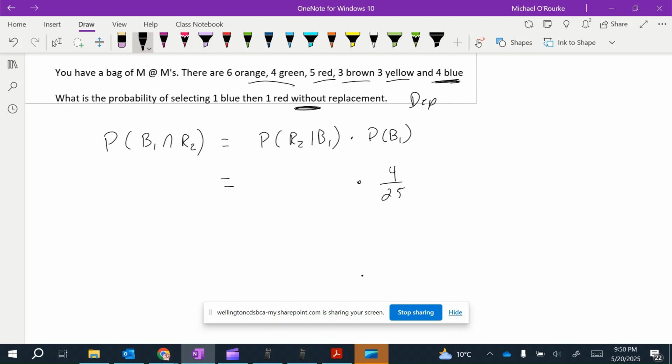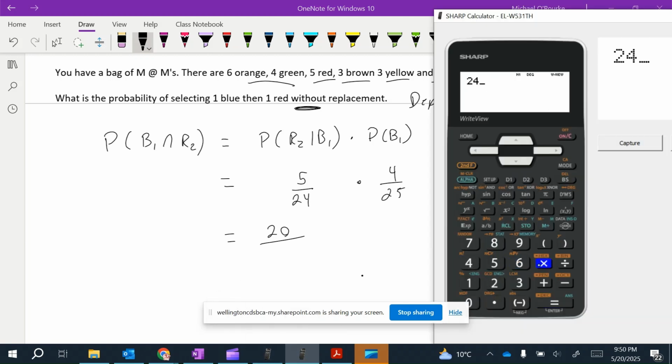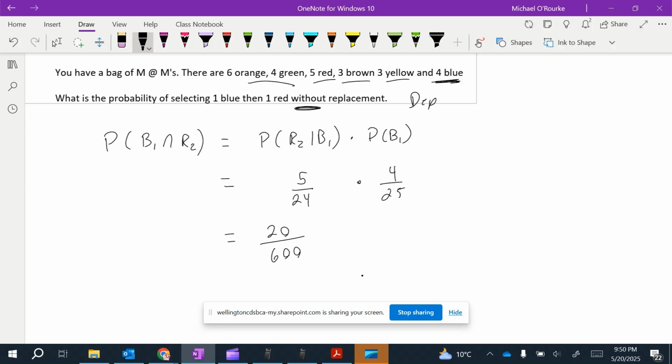So there's a 4 in 25 chance of getting the blue one with my first pull. Now, the probability of getting a red one the second time, given I got a blue one the first time, well, there's only 24 left in the bin because I took one out, and there are 5 red ones. So that's going to be 20 over 24 times 25, 600.